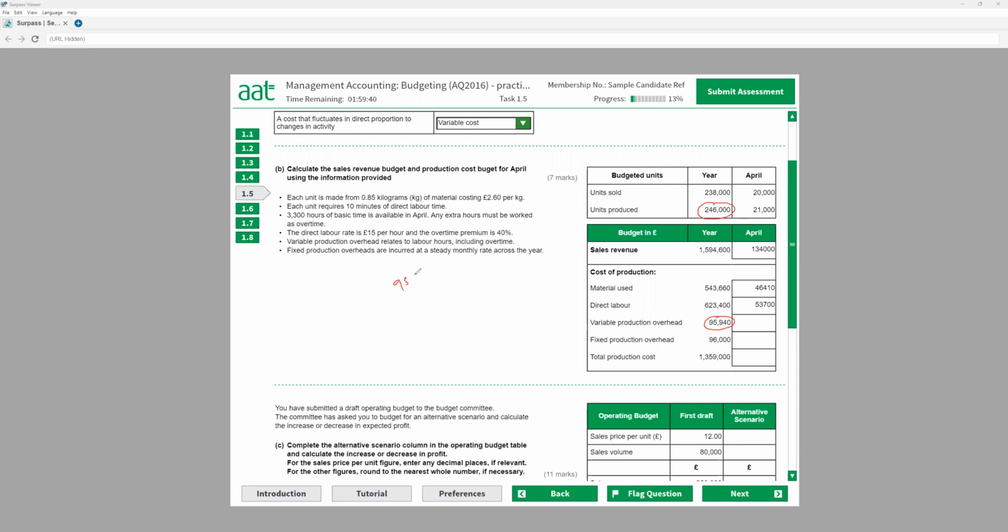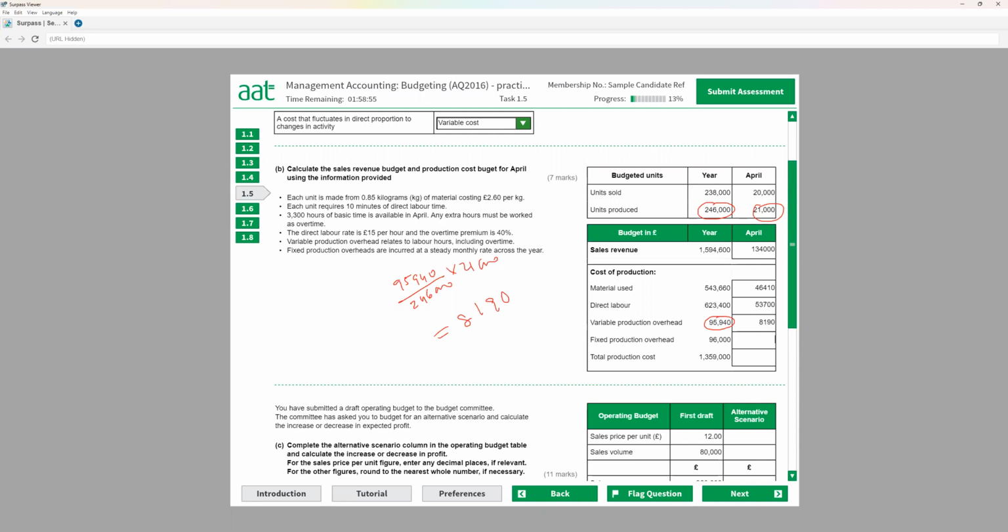So per unit is how much? 95,940 divided by 246,000 and times by the 21,000 we are making for this year, and that gives me 8,190. That's the variable production overhead.